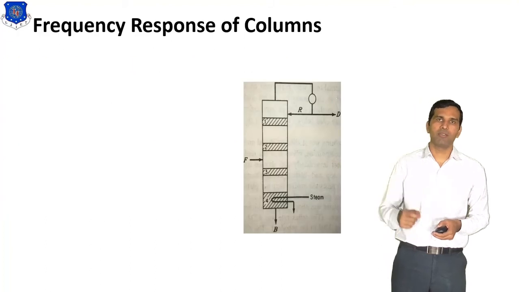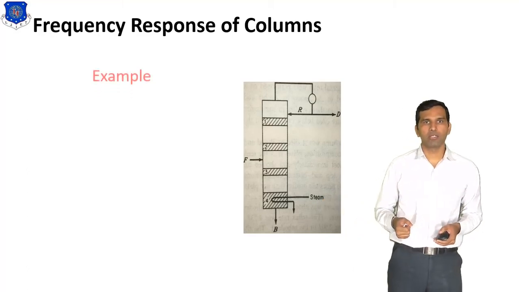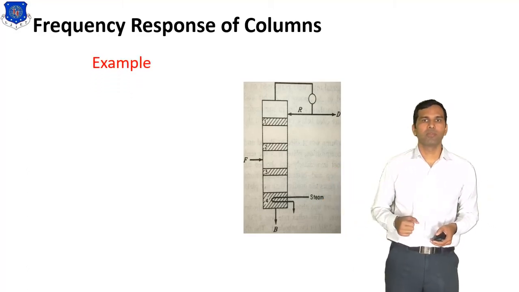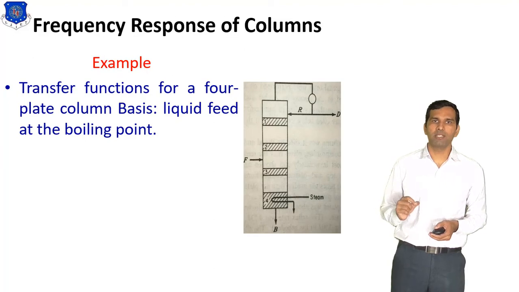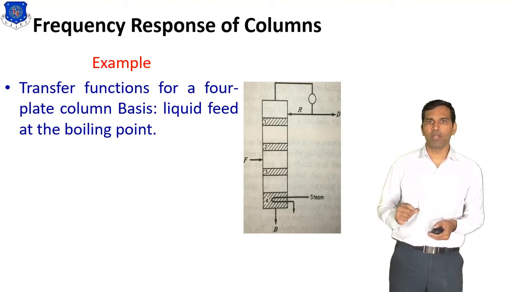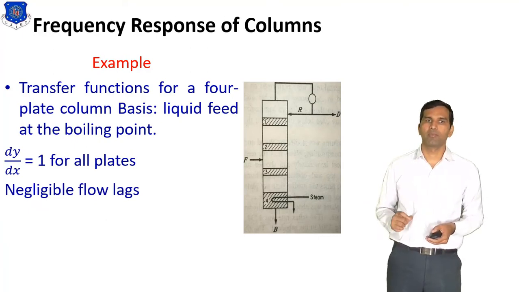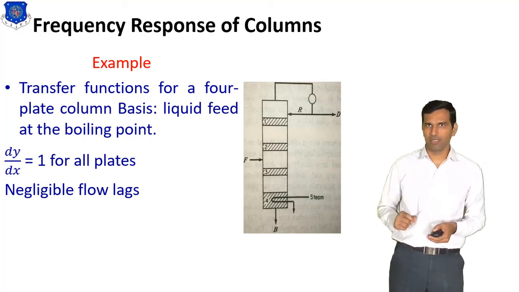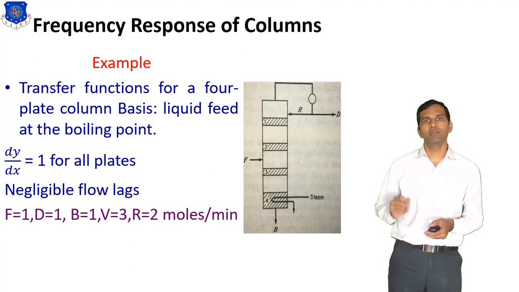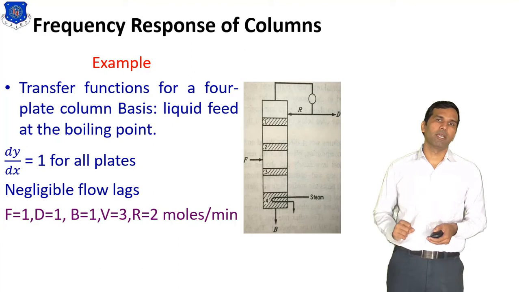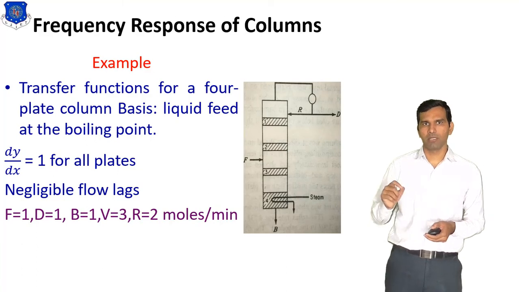So we understand the transient response by using this example. Consider this figure for this example. The transfer function for the 4-plate column, with liquid feed at the boiling point, dy/dx equals 1 for all plates, with negligible liquid leaks. F equals 1, D equals 1, B equals 1, V equals 3, and R equals 2 moles per minute.